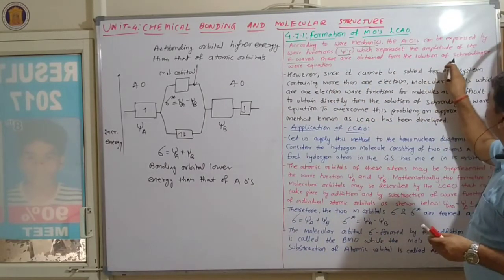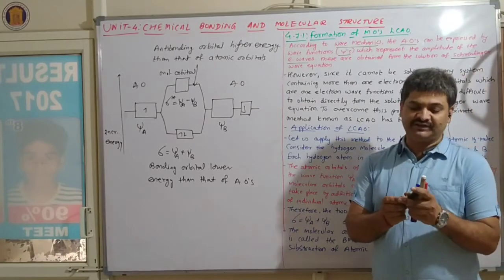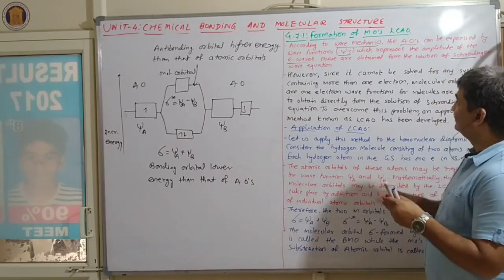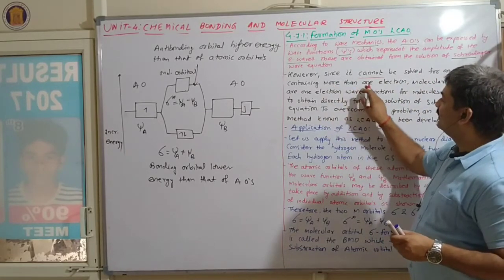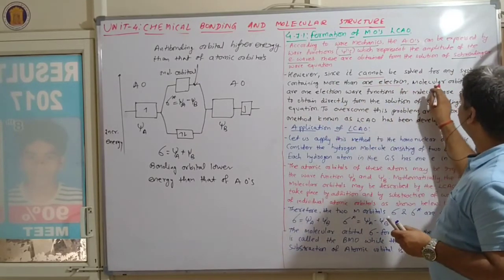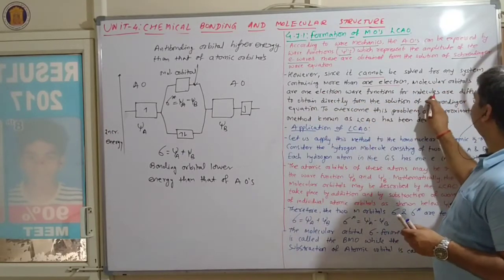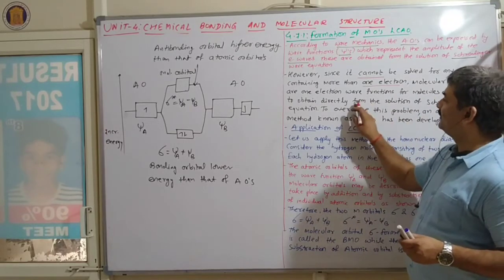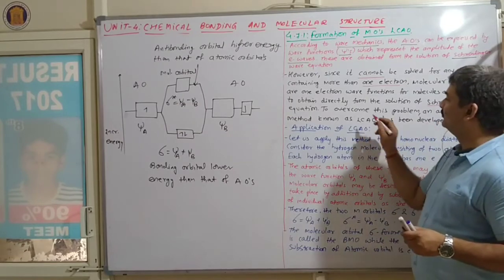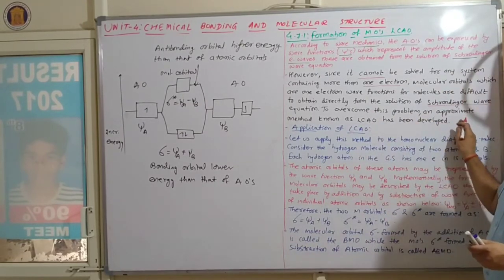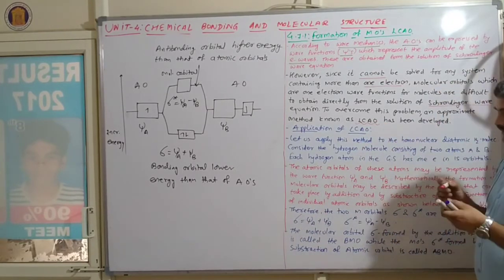These are obtained from solution of Schrodinger wave equation. इसमें क्या करना है, however, since it cannot be solved for any system containing more than one electron, molecular orbitals, which are one electron wave functions for molecules, are difficult to obtain directly from the solution of Schrodinger wave equation. To overcome this problem, an approximate method known as LCAO has been developed.